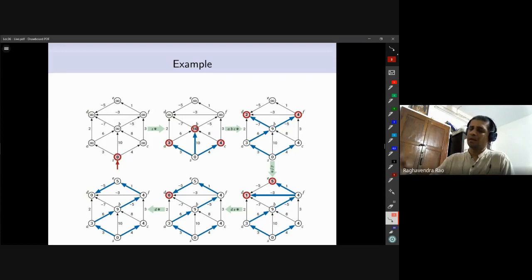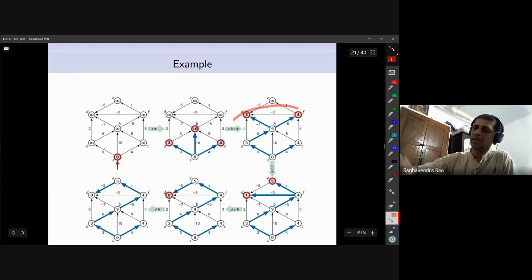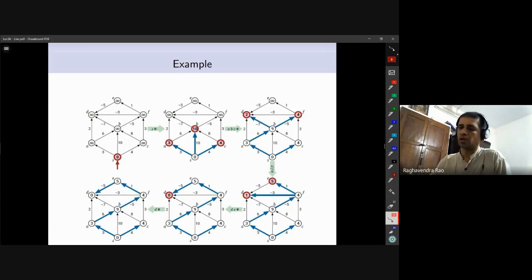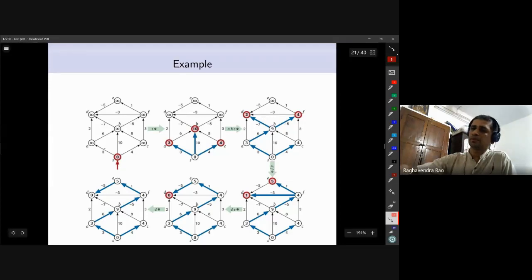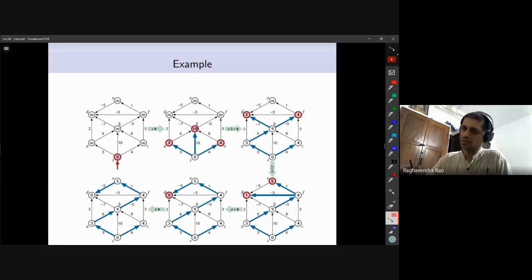But anyway, it does not matter. We'll just imagine that at one point you see all possible tense edges and apply. So after the second iteration, the situation will be this. These are the updates, and these will be the edges in the predecessor relationship based on the relax steps. In the next step, this will be tense. So is there any other edge that will be tense?